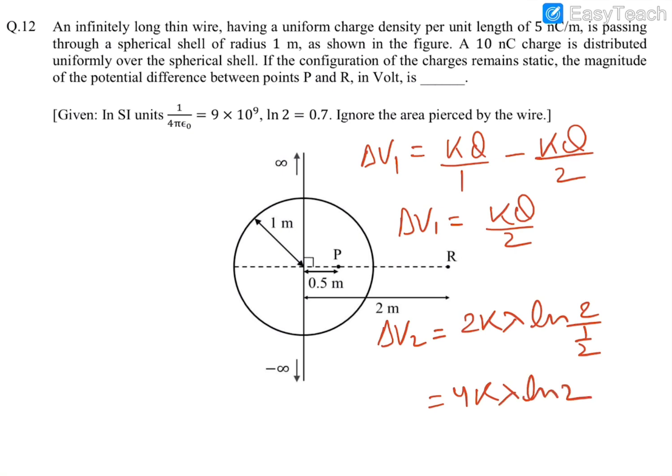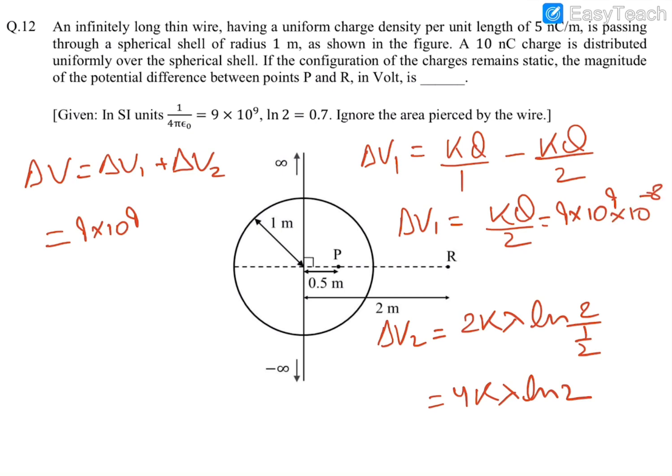Okay, so the total potential difference will be delta V1 plus delta V2, and now let us check the value. KQ, K is 9 into 10 raised to power 9, and Q is 10 nano, so 10 to the power minus 8, and divided by 2.